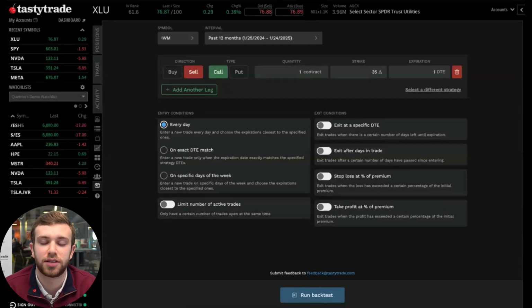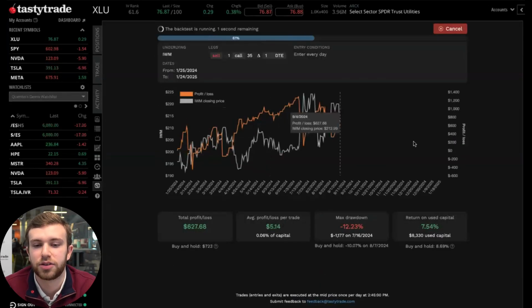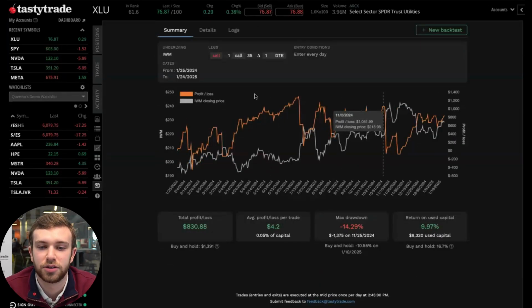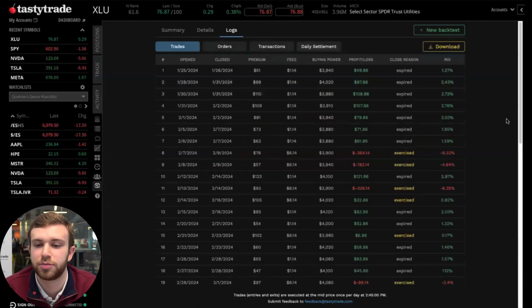But that's what's so great about being able to download the logs here. If you download the logs, you can go into Excel or whatever spreadsheet service you use and start deleting every other trade that's entered, and you would be able to do it that way. I know it's not as efficient as having it on the platform. That's something we could potentially add, just another entry condition. But for now, that would be a way to do it.